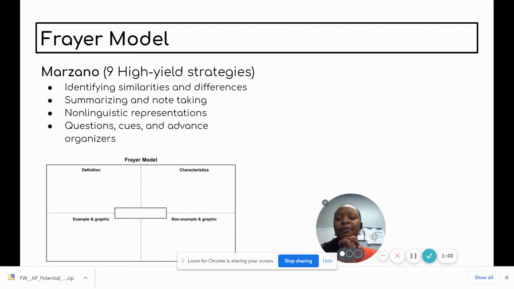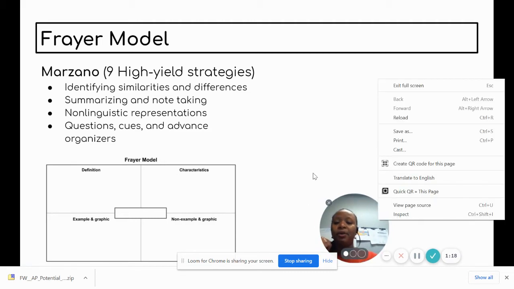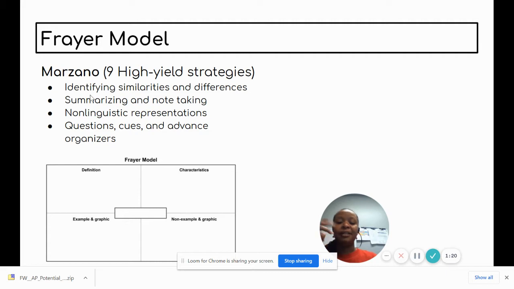And the great thing about a Frayer model is it actually satisfies some of the high-yield strategies that Marzano has identified as the best strategies to implement in the classroom. One of those strategies is identifying similarities and differences, or comparing and contrasting.